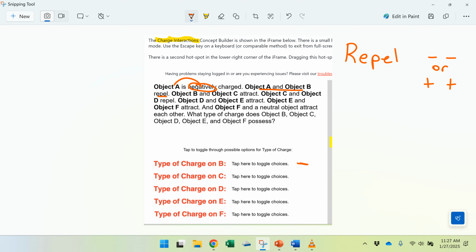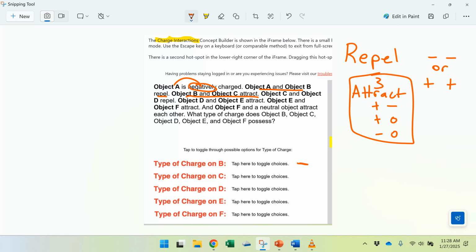Now if we move on, it says B and C attract. Now there's actually three ways that objects attract. And those three ways are positives and negatives, or positives and neutrals, or negatives and neutrals. All three of these would attract.